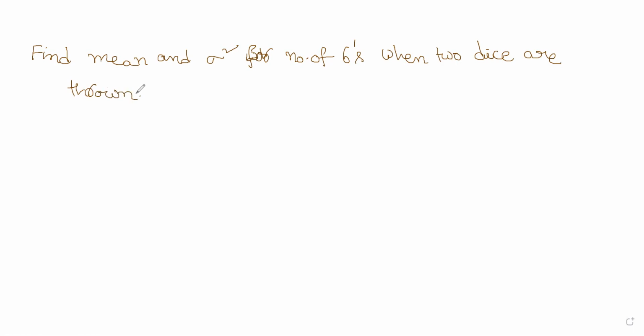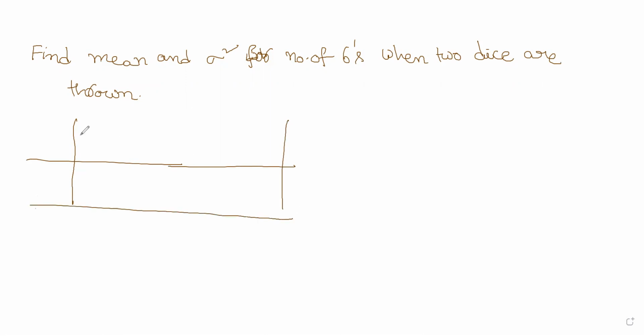So this is the one we have to see. How do we deal with this one? How many sixes can you have when 2 dice are thrown? So that's what the crux is.